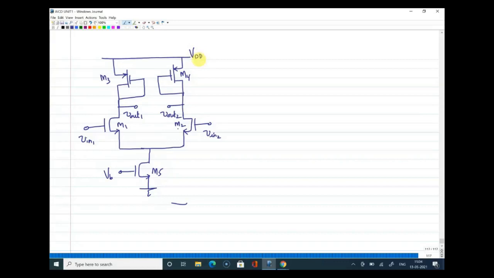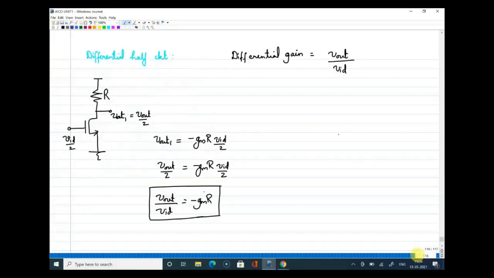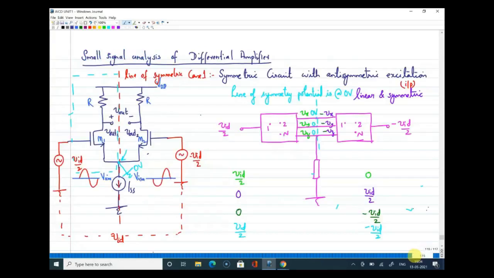Yeah, Akash, your question is, M3 will be in off state. Which M3 will be in off state? I didn't get that. Are you asking if the current source is replaced by a transistor and that will be in off condition? No, Akash, it will not be.